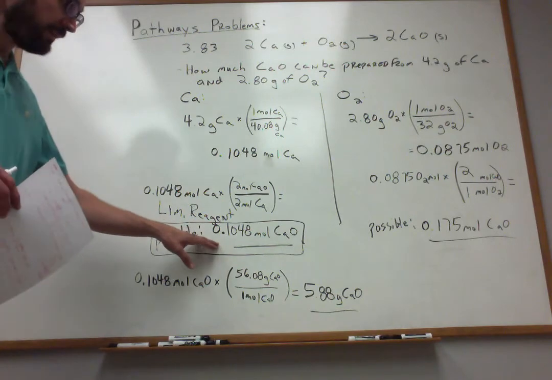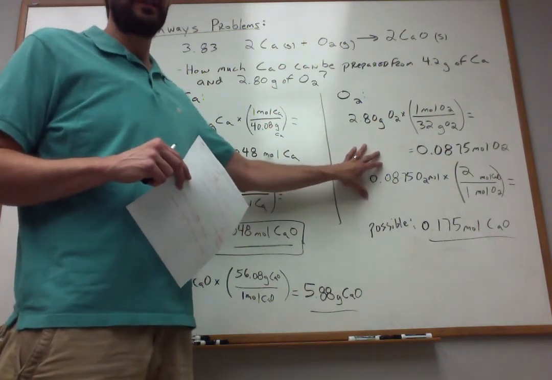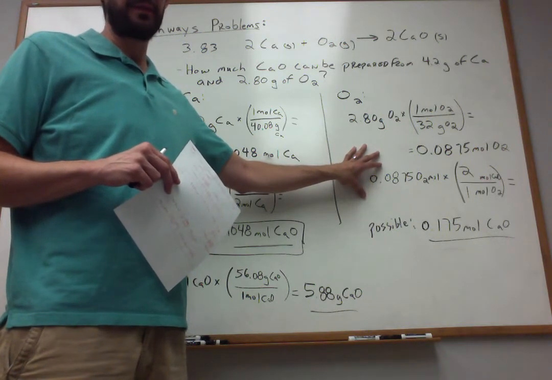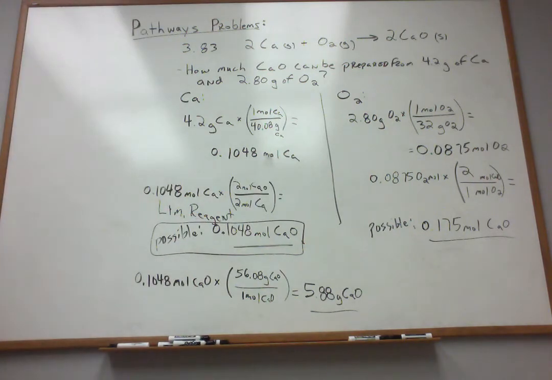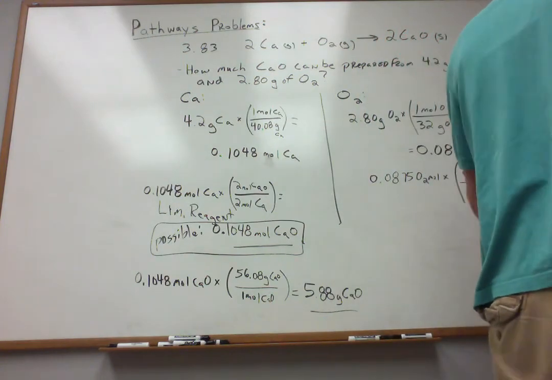I've run out of this, and I will have some of my oxygen left over after the reaction is complete and it stops. Now, bonus problem here. You weren't asked this in the textbook. But what if I asked you to figure out how much oxygen you have left over after the reaction stops?